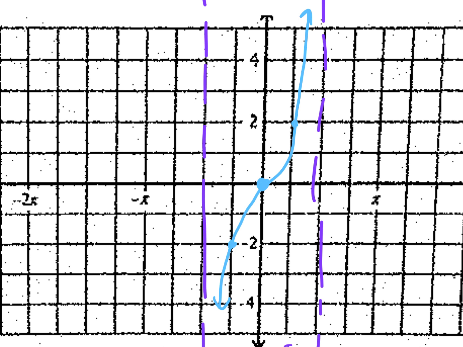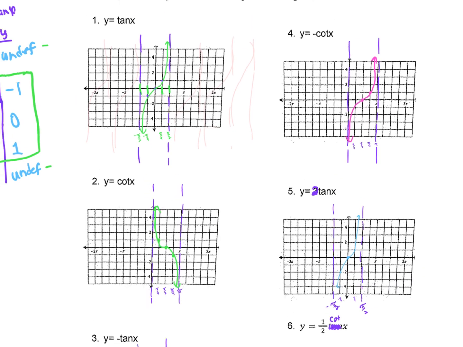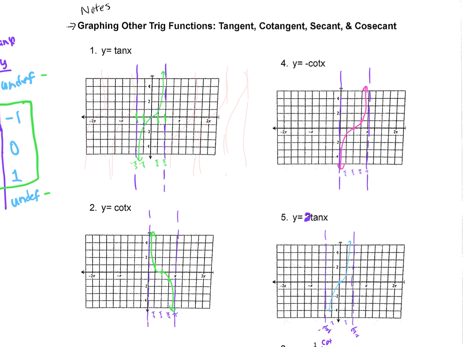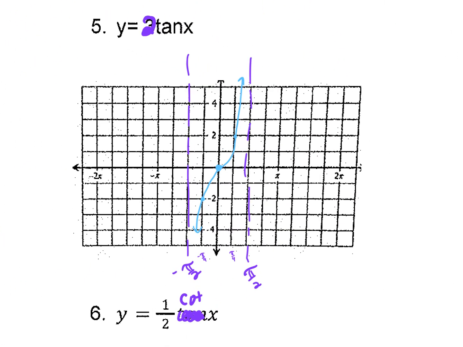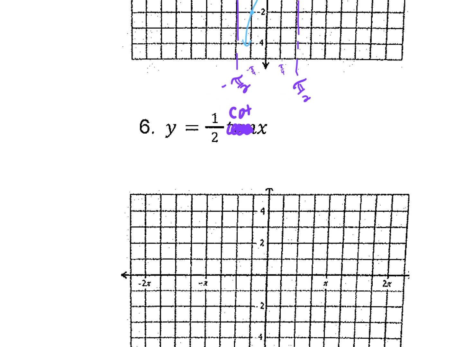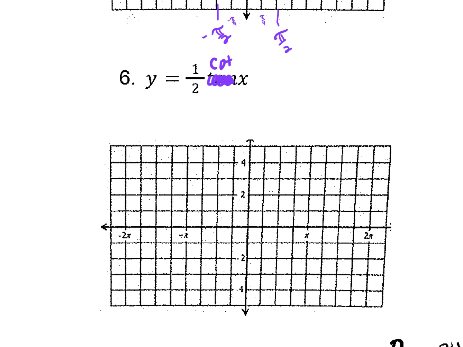If we were to compare this with the parent graph, we would say it's not quite as curvy. It's taking longer to approach the asymptotes. Okay? So that's what happens with an amplitude that's greater than 1. If it's a half, like this, it's going to make it a little more curvy than the parent graph.